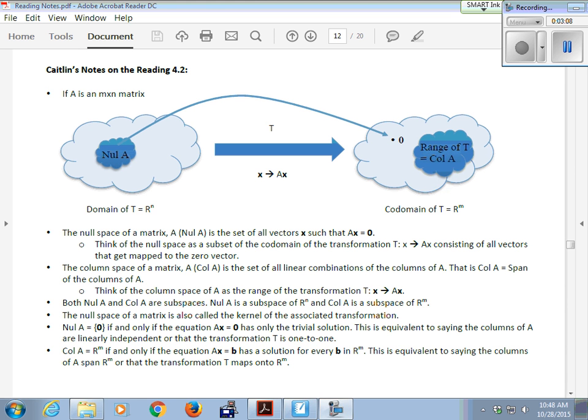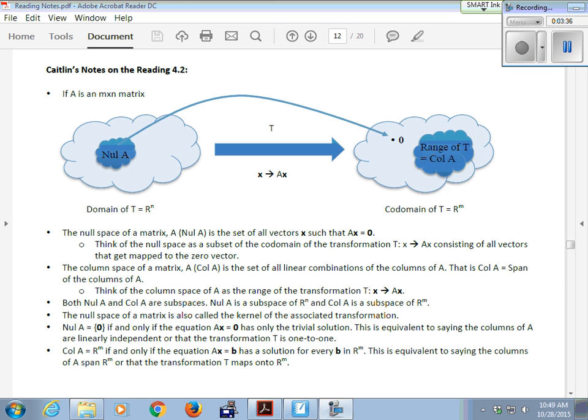If the range of col A takes up all of Rm, that's saying that the columns of A span Rm, right? So if the col of A is all of Rm, that means AX equals B has a solution for every B in Rm, equivalent to saying the columns of A span Rm, or that the transformation T maps onto Rm.